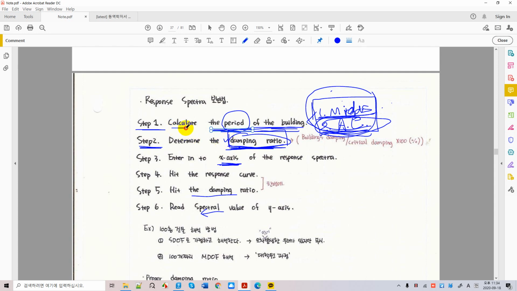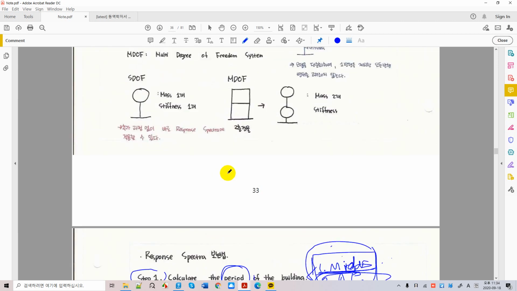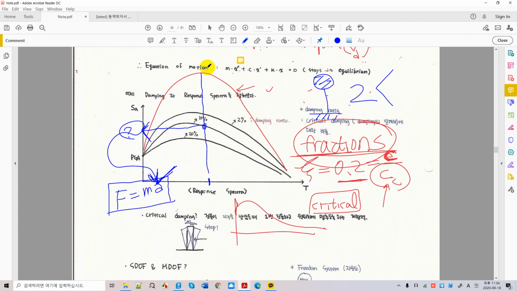Now you have calculated the period and determined the damping ratio. You start by entering the x-axis with the period you calculated in step 1. And you're going to meet a lot of curves, but one curve is yours, where you see your damping ratio.